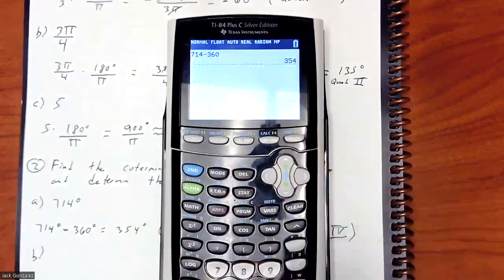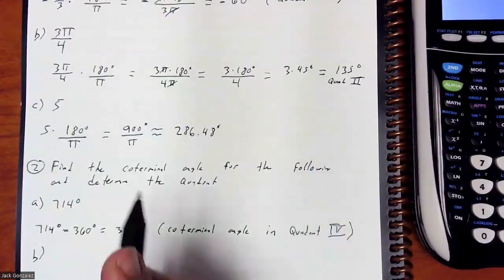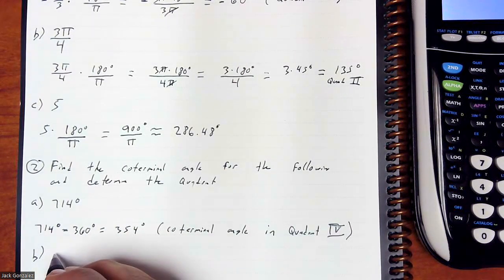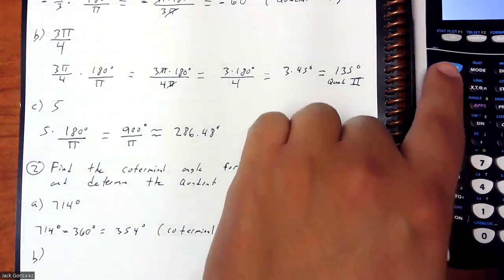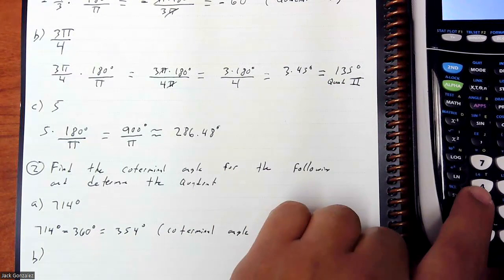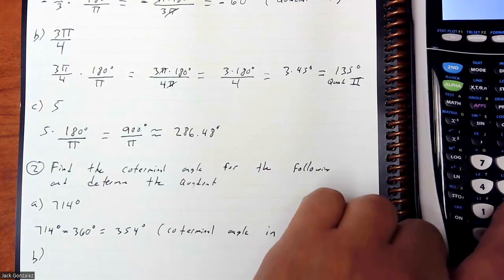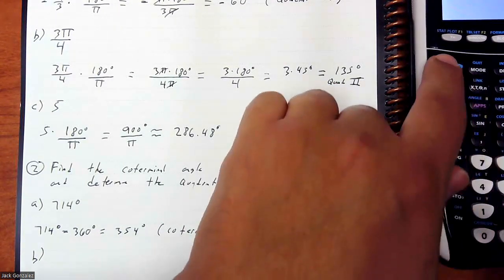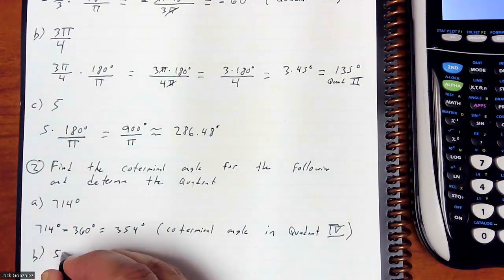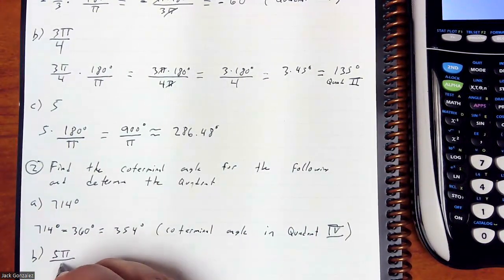Like for example, I guess I can just give you one. Let me make one up. Say they gave you 5 pi over 2.